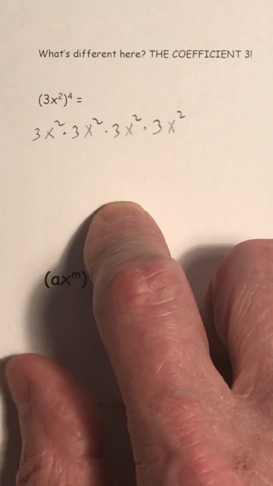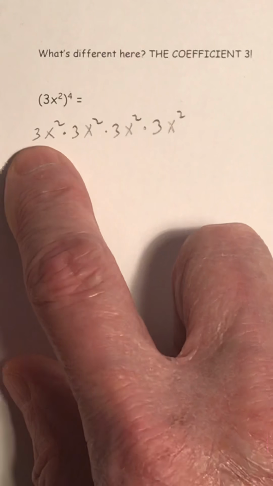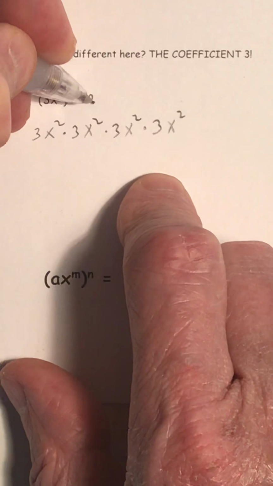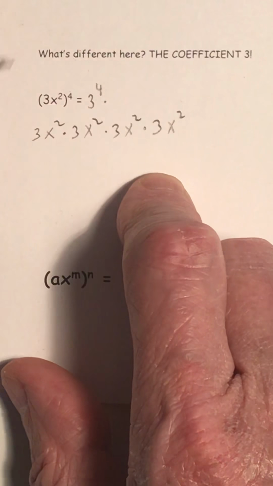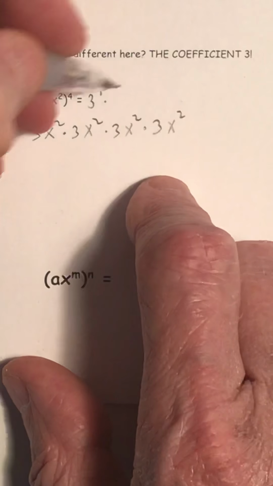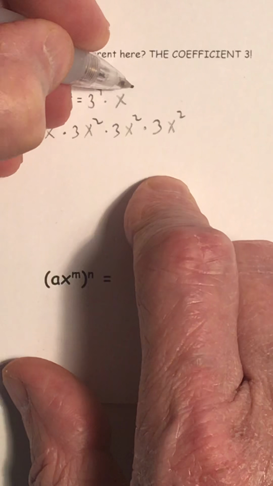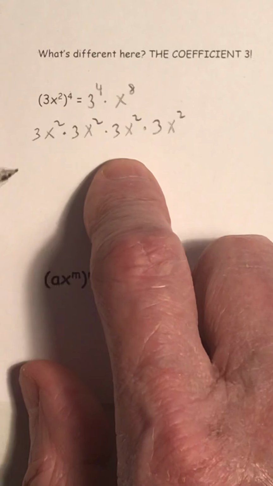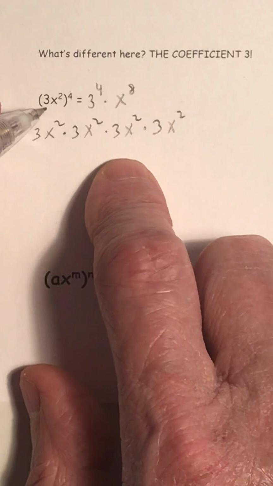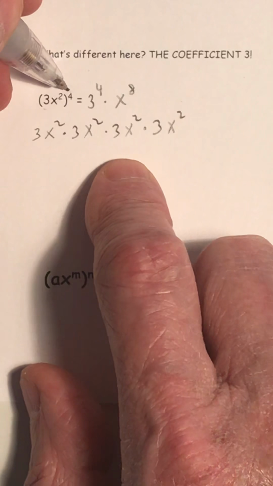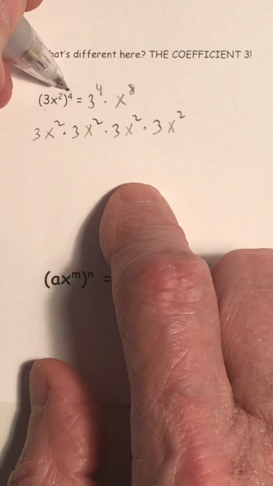If I think of this another way, this is 3 times 3 times 3 times 3. That's 3 to the 4th power. And the x to the 2, 2, 2, 2, that's x to the 8th again. So what's new here, what's different here, is we have this coefficient 3. So notice what happens to the coefficient. It gets raised to whatever power is outside the parentheses as well.